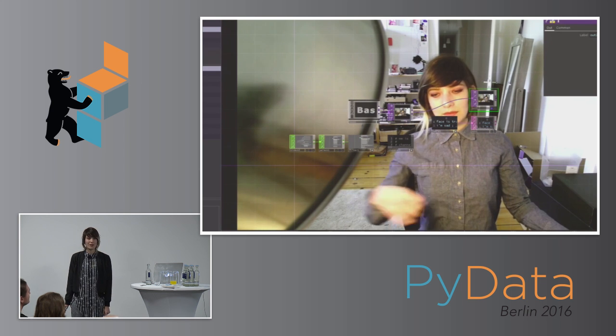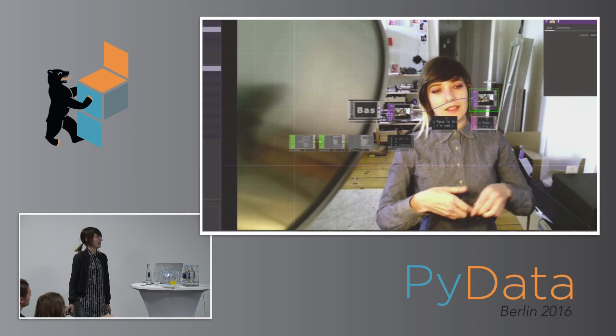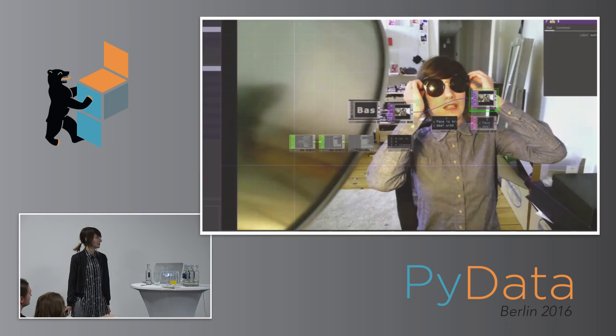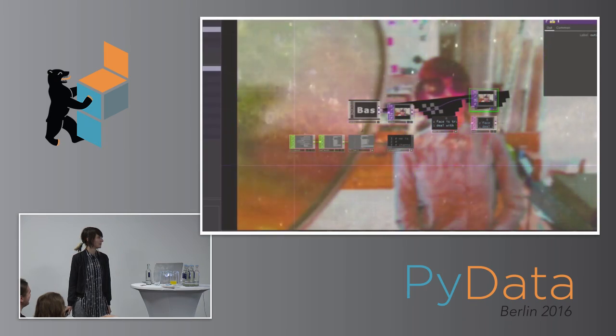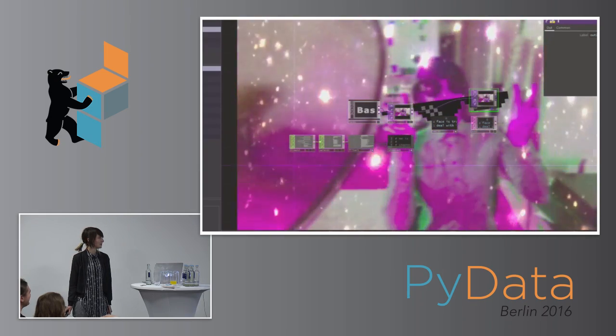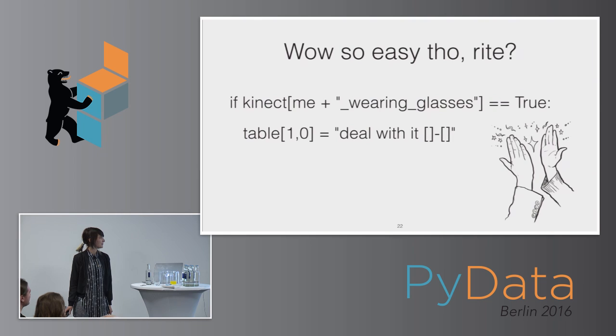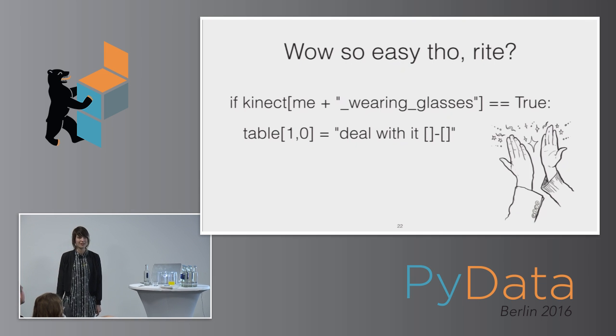I'm going to show you later the one line of code I used to make this happen. It's this. All you have to do is ask the Kinect for which facial expression and then do basically whatever you want. I'm really excited about this.